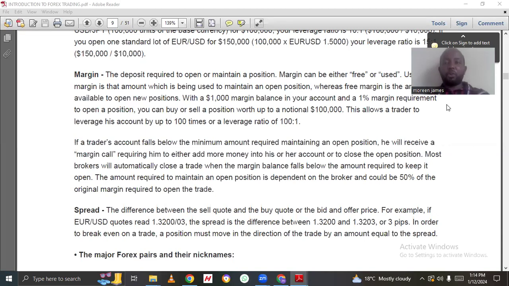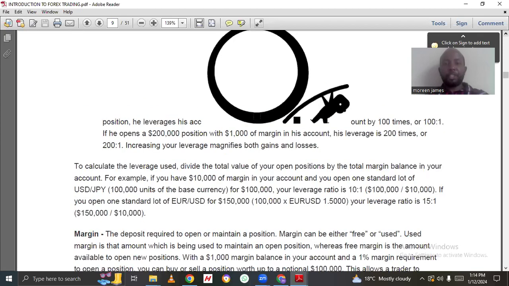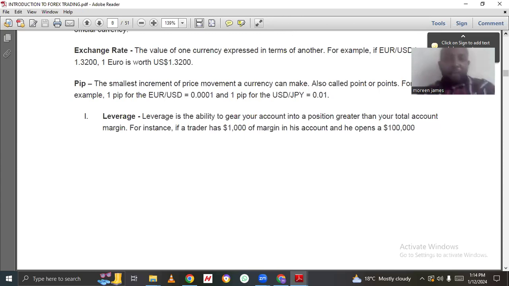So leverage, let's go back to leverage. Leverage, let me go slowly, is the ability to gear your account into a position greater than your total account margin.